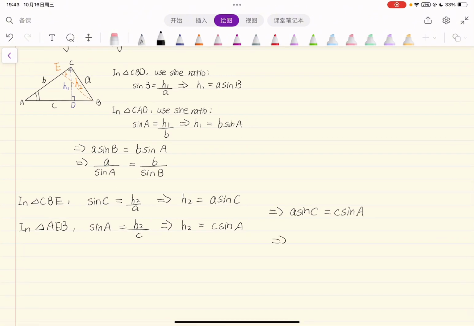We have A over sine A equals to C over sine C.